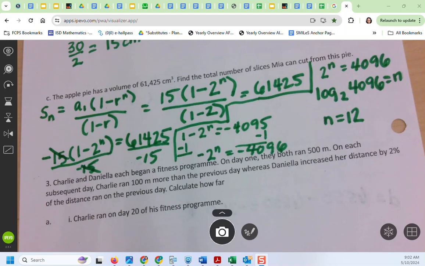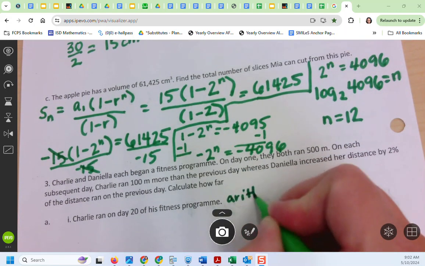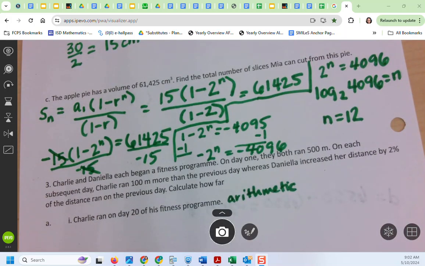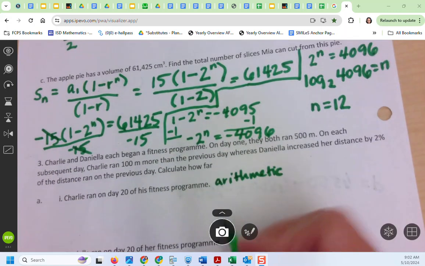Which one is adding each day? Charlie is adding each day, so Charlie is arithmetic. What Daniela is doing is increasing by 2%, which multiplies by 102% each day, or 1.02. So Daniela is geometric.